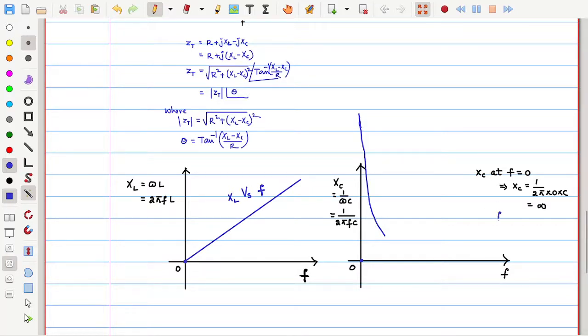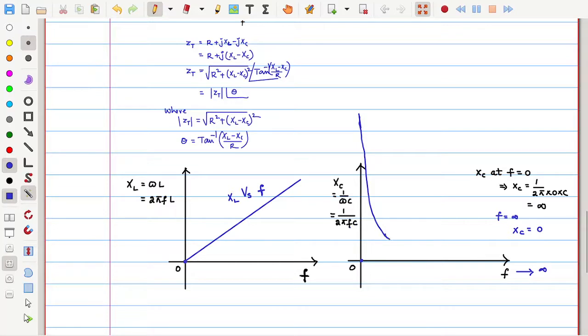If frequency is infinite, means this side. If frequency goes to infinite, then 1 by infinite is what? Xc is equal to 0. If f is infinite, Xc is 0. See, f is infinite means 1 by 2 pi infinite into C. How much do we get? 0.